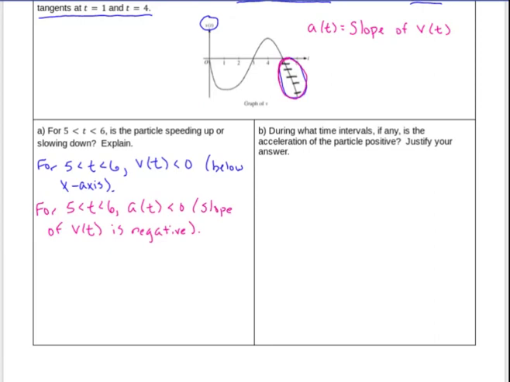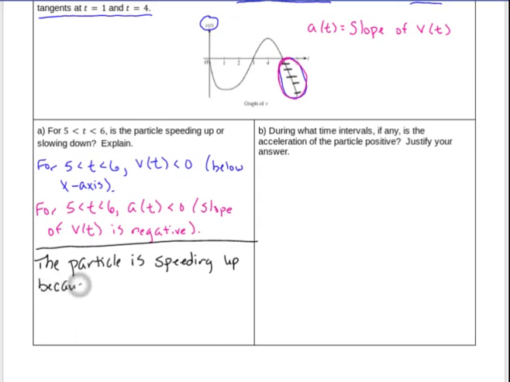And so we would say then that the particle is speeding up, because v of t and a of t have the same sign on the interval from 5 to 6.